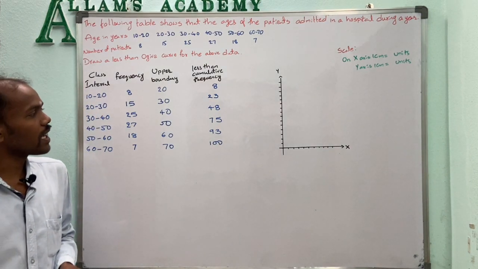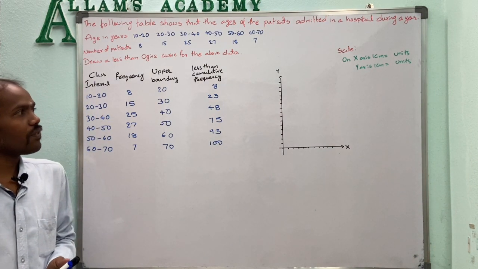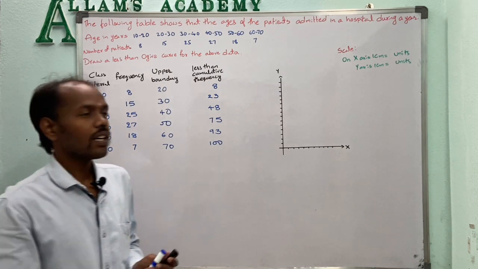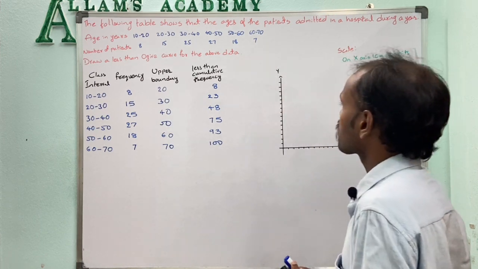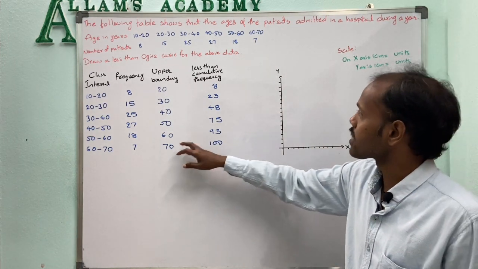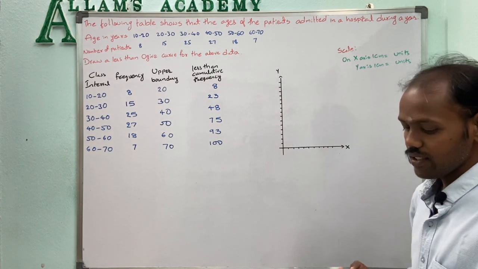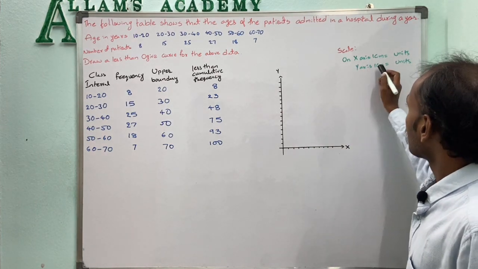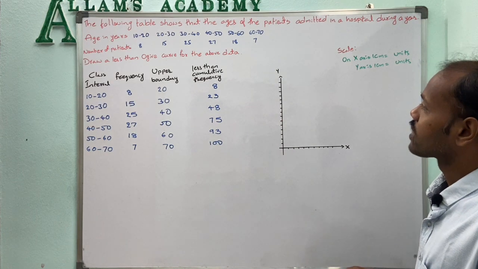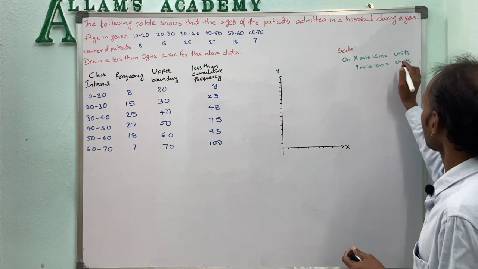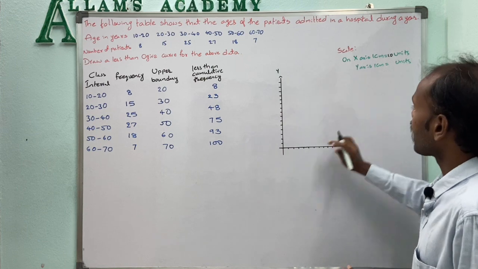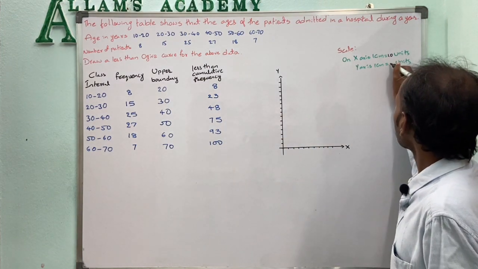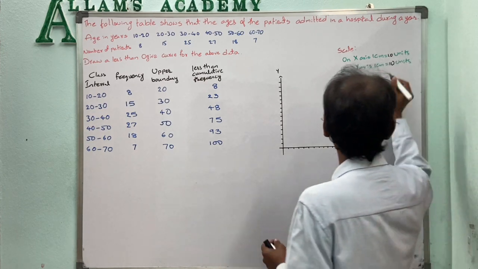By plotting these on the graph, we get the less than cumulative frequency ogive curve. For plotting, on the x axis we take each centimeter equal to 10 units, and on the y axis also each centimeter equal to 10 units.